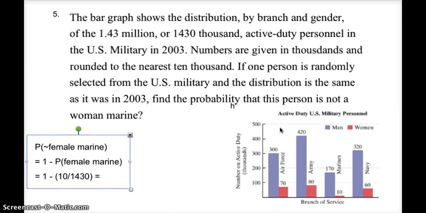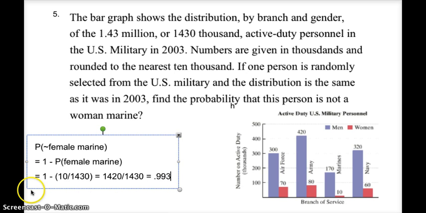So that gives us 1,420 divided by 1,430, or the probability that the person selected is not a female Marine is 0.993. One reason it's so helpful to subtract from 1 is we can subtract one category from 1 rather than having to add 1, 2, 3, 4, 5, 6, 7 values together.